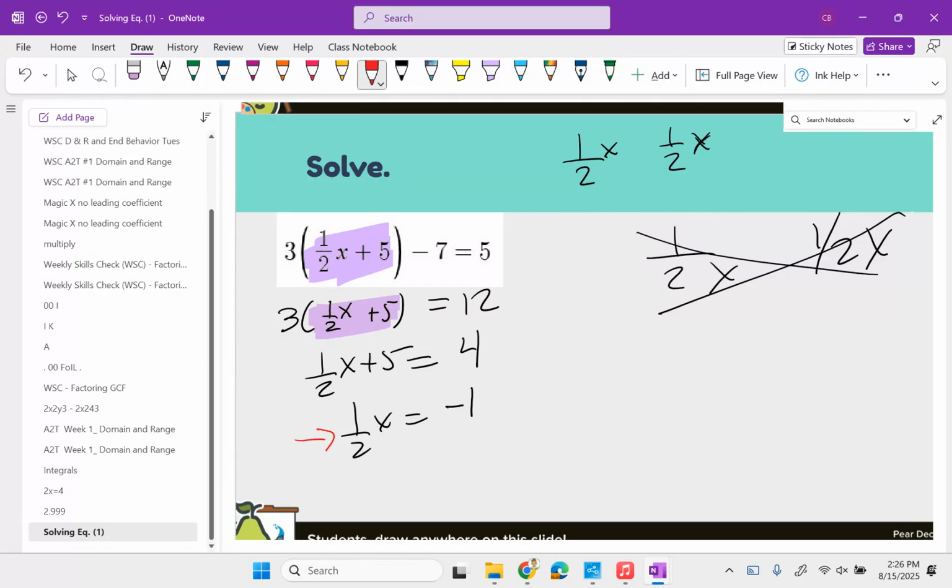It's division. How do I move that to the other side? What's the opposite of division? Multiplication. If you need to show it, this is what it would look like. I wouldn't show it, but. All right, so x equals, these guys would cancel. What's -1 times 2? -2. We're going to keep working on it on Monday, I promise.